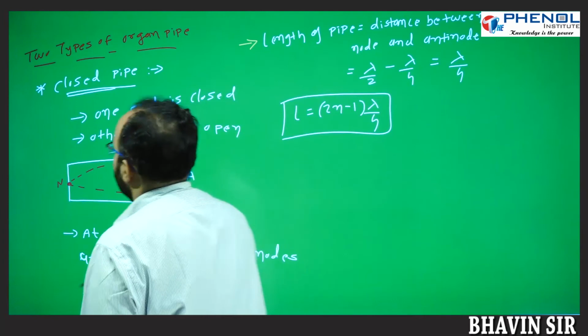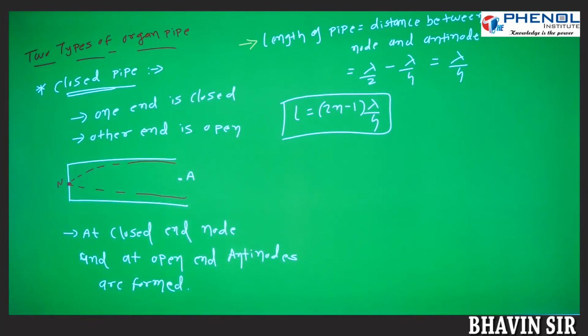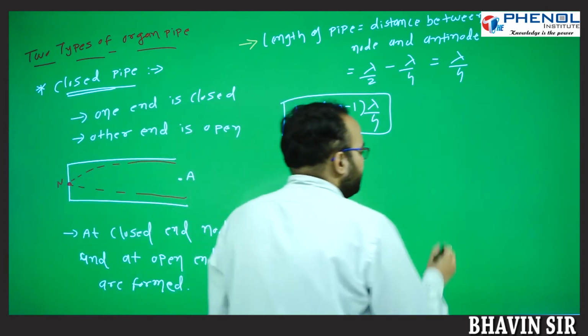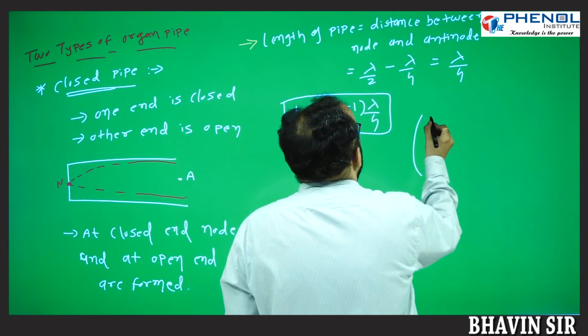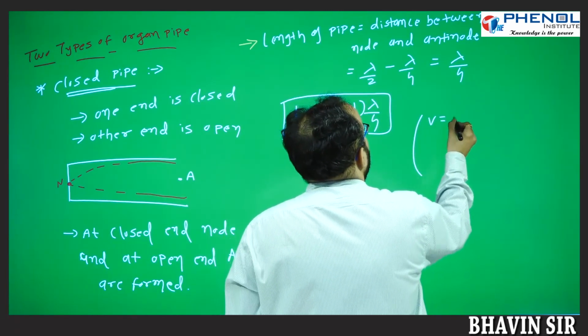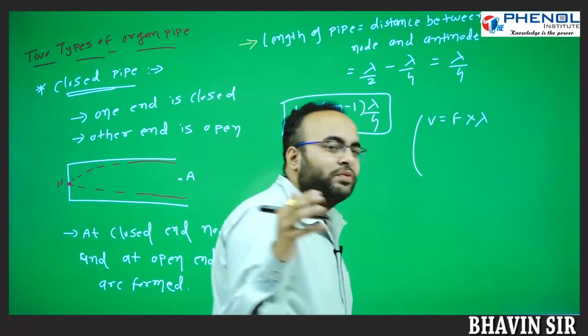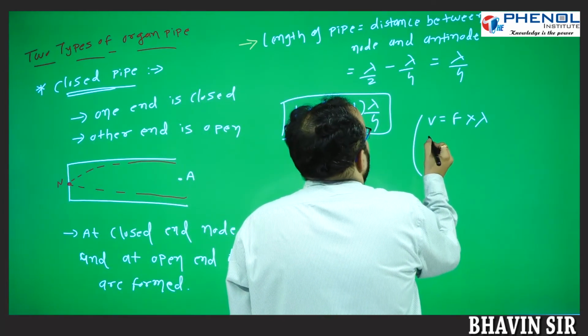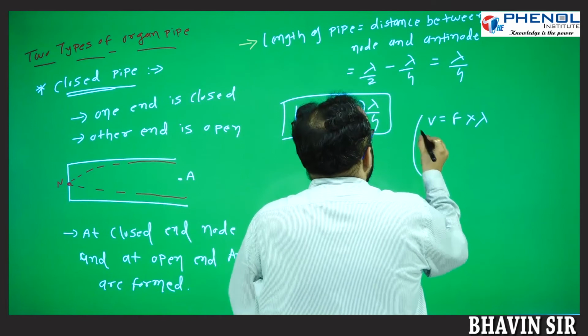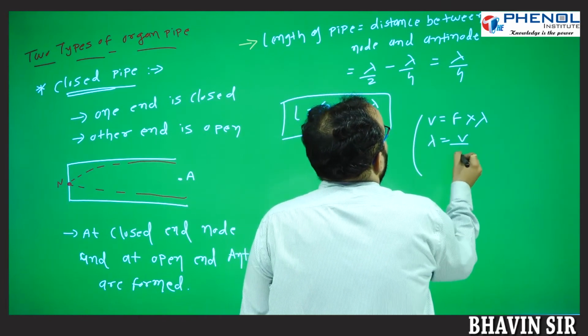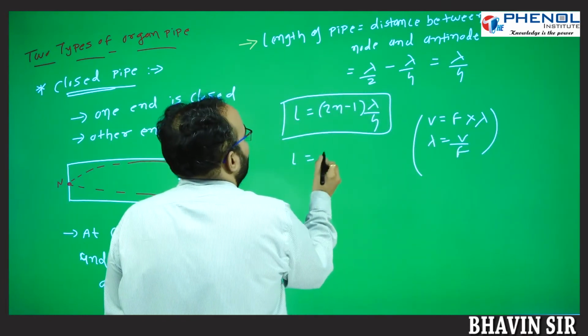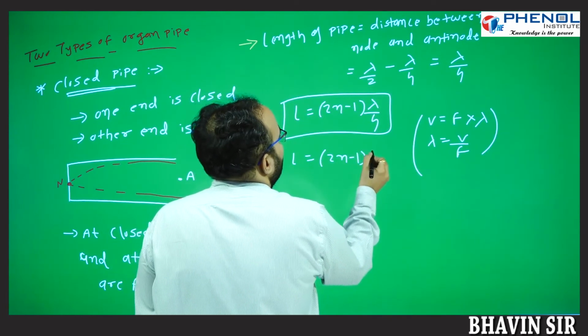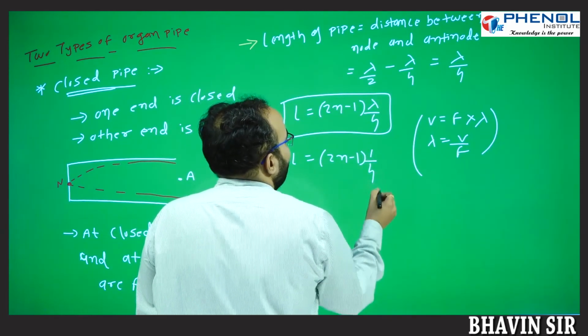The length of the pipe is 2n minus 1 lambda by 4. But students, we want to obtain frequency. Speed is equal to frequency into lambda. You can write nu also. So lambda is equal to v by frequency.